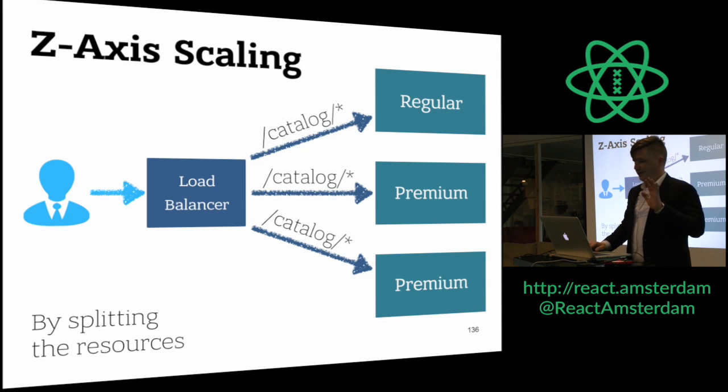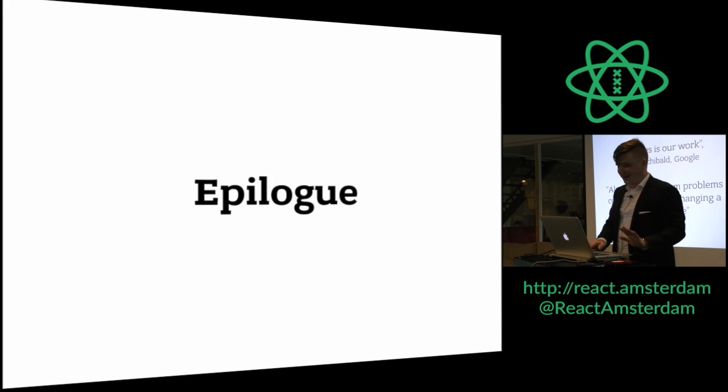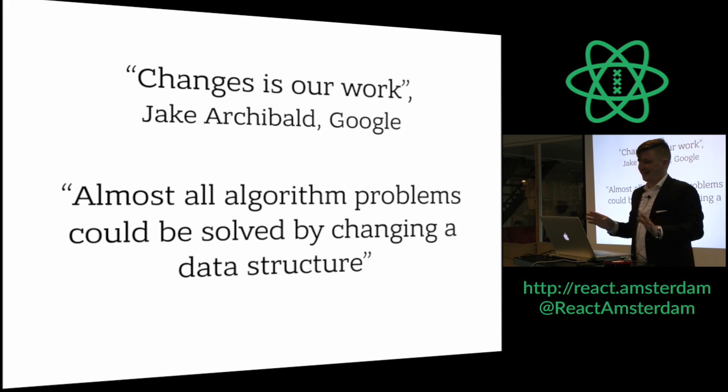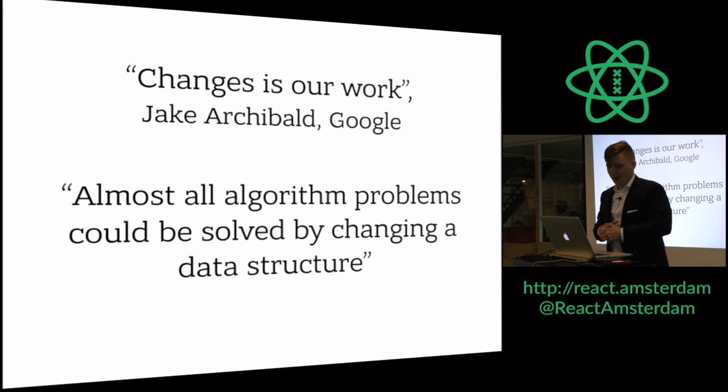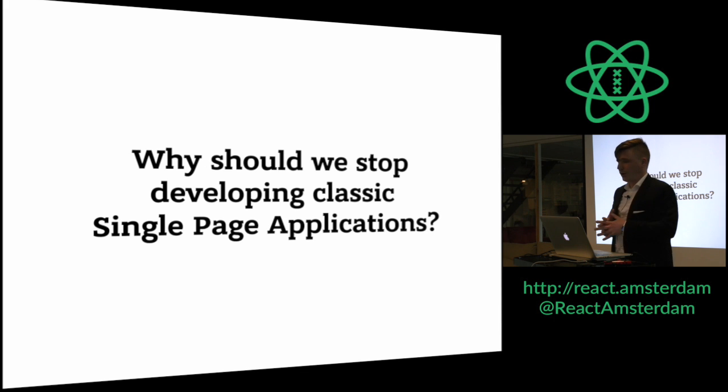So let's begin to finish, okay? Jake once said that change is our work. Almost all algorithm problems could be solved by changing a data structure. So I asked you, why should we stop developing classic single page applications?